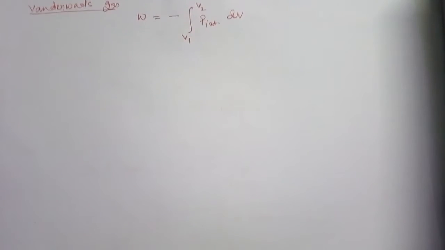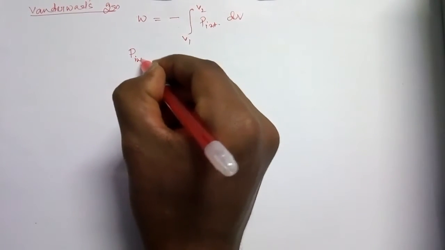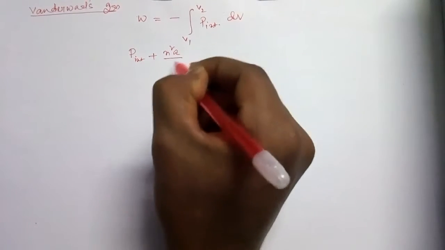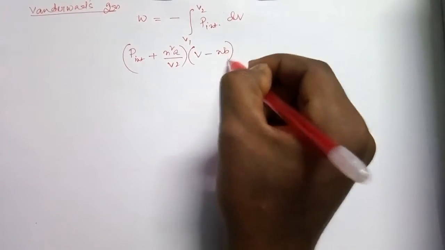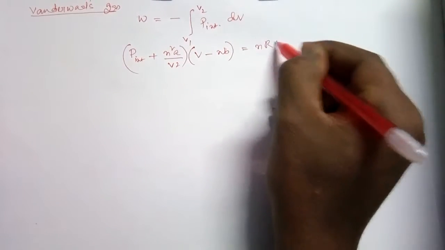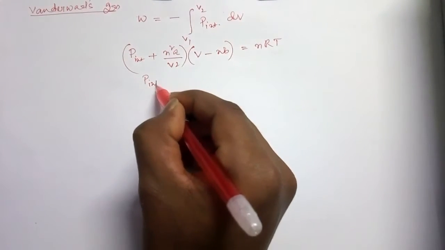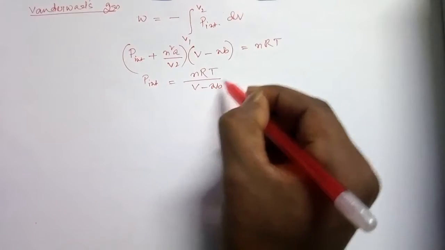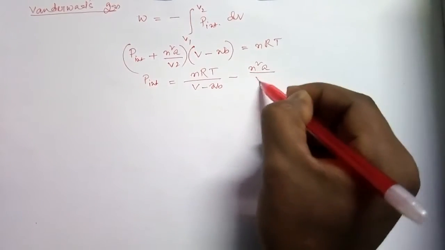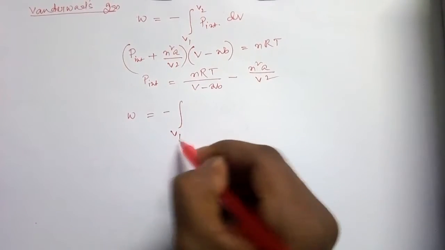Then for n moles of a van der Waals gas, we can write P internal plus n square a by V square, into V minus nb, equal to nRT, right? So here P internal equal to nRT by V minus nb, minus n square a by V square.